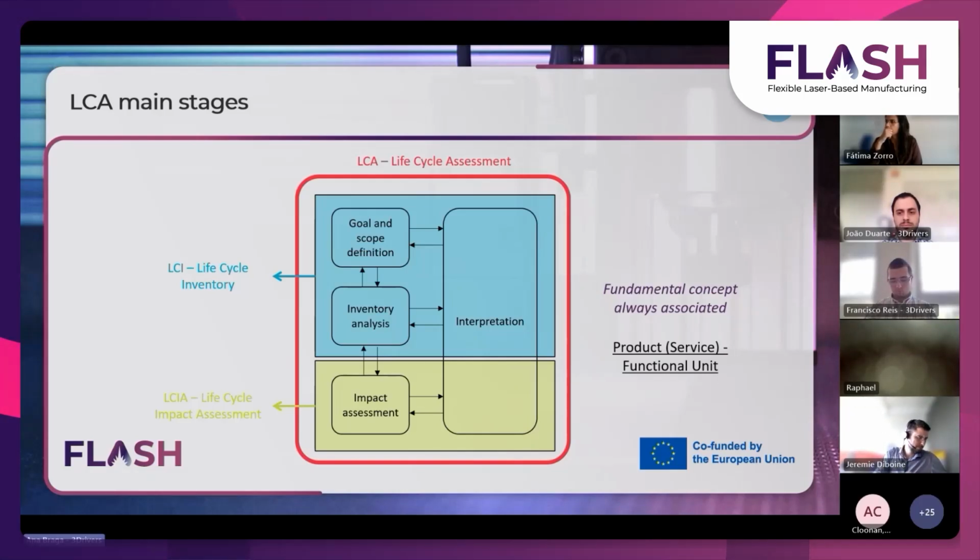For example, I know that there is a stage in our cycle that cannot be so representative, or that will not have such a great impact, like distribution. In that case, it can be discarded, but in other cases distribution can be the focus and must be included in the analysis. So this is the stage to decide which processes and borders have to be included in the study, and also to define the functional unit.